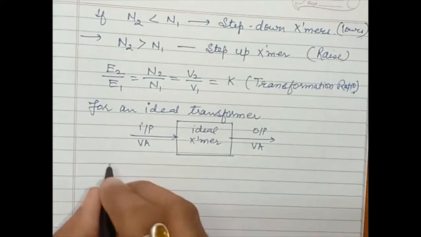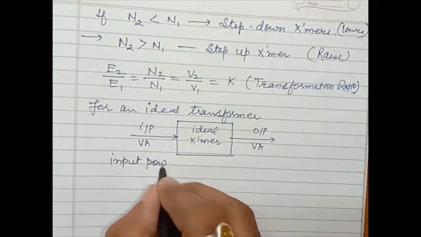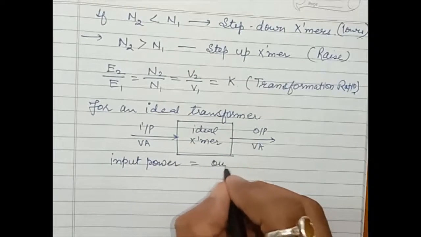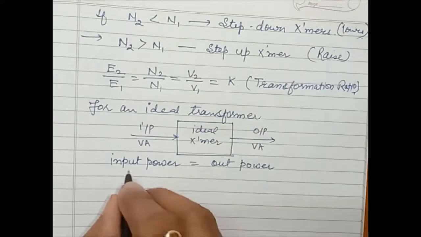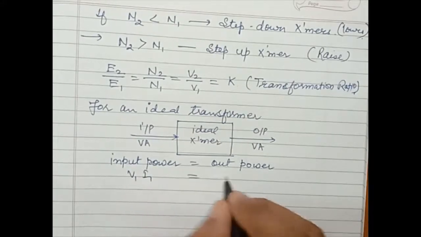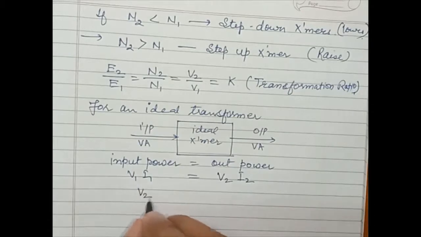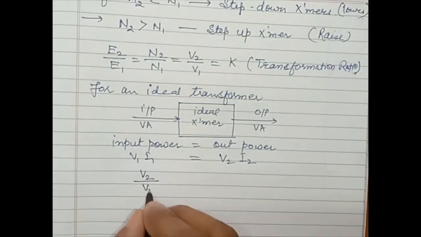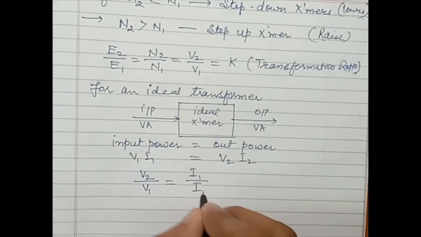It means input power is equal to output power, and input power is V1 I1, and output is V2 I2. So we can write it as V2 divided by V1 is equal to I1 divided by I2.